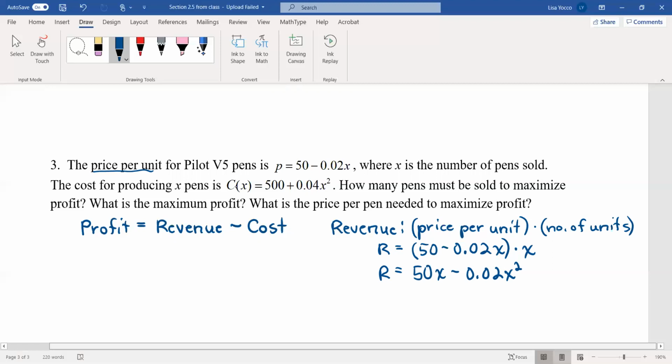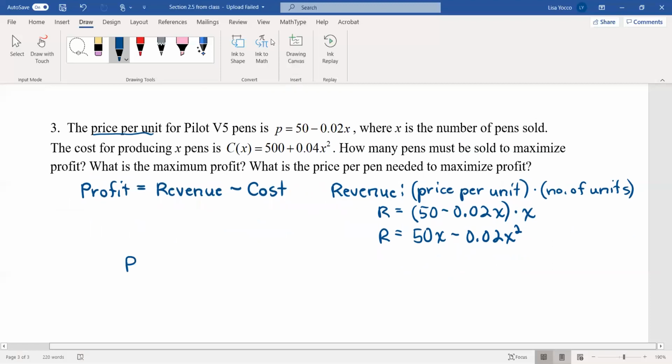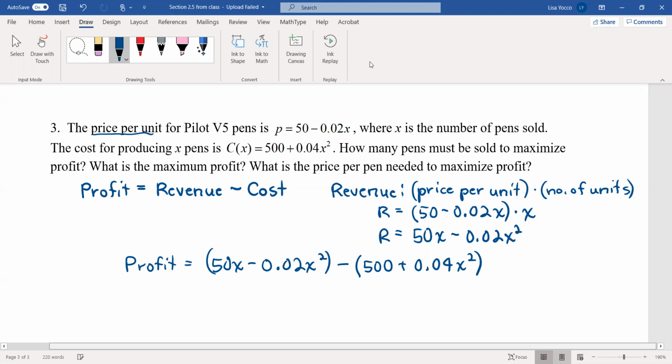Okay, so now I can find the profit. So pick up that revenue function that I just formed and subtract the cost function that I was given. Let's just call it P for profit.